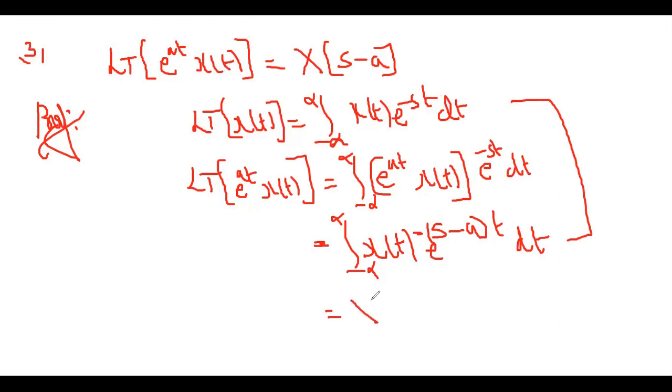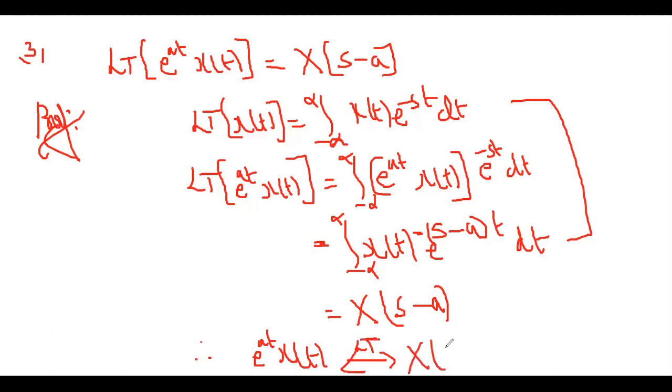X of s minus a. Therefore, the Laplace transformation of e power at x of t gives X of s minus a. What it matters, friends, is that the frequency is shifted with a samples. A positive exponential is multiplied to the time domain function.